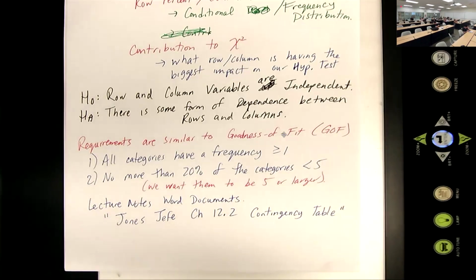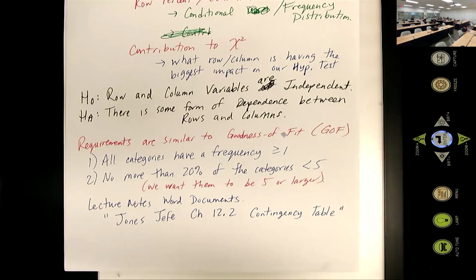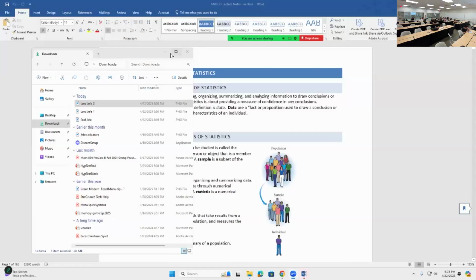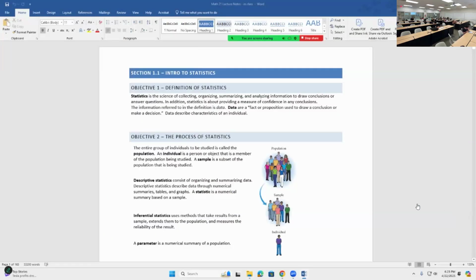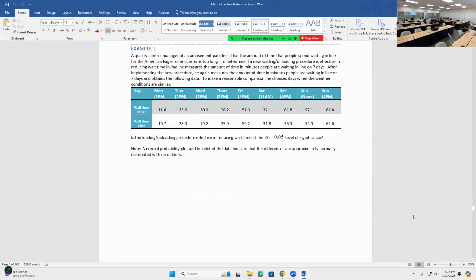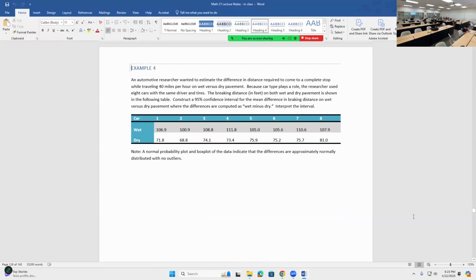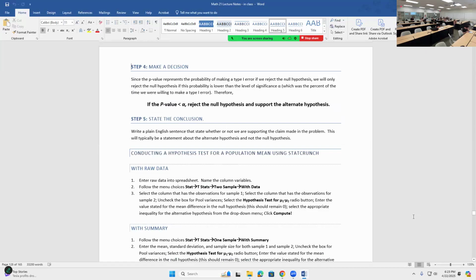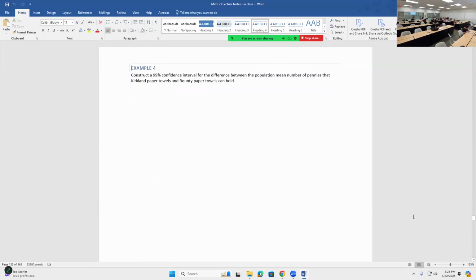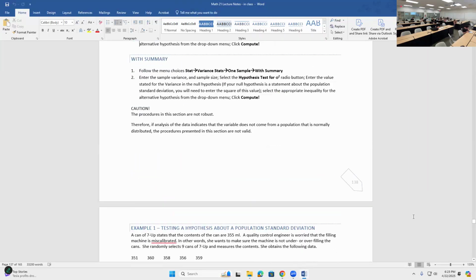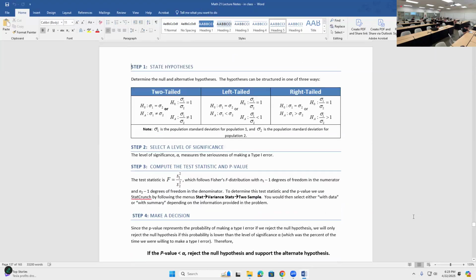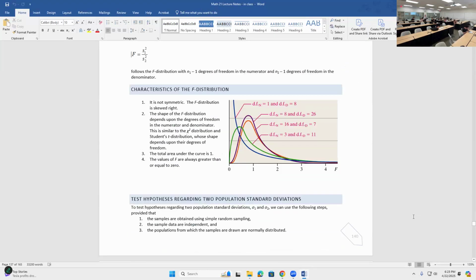Alright, I'm gonna hop over. Those are what the chi-square graphs look like.